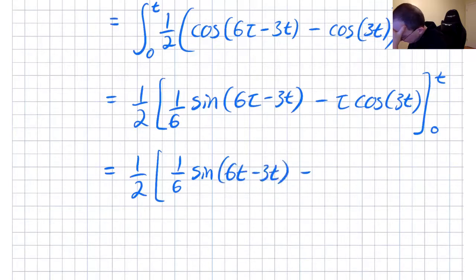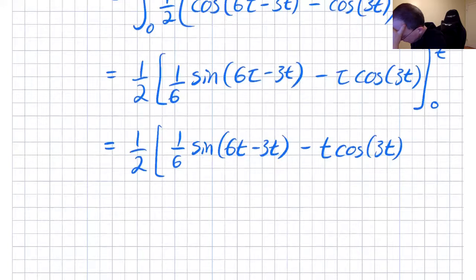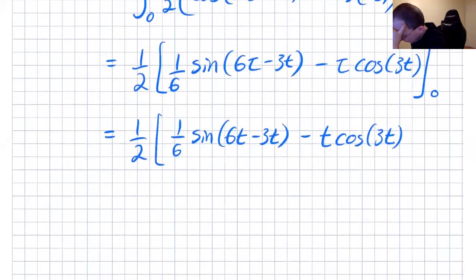And then minus t times cosine 3t. There's that resonance term appearing, the one we were talking about before that indicates resonance. And then we have minus 1 over 6 sine of 0 minus 3t.